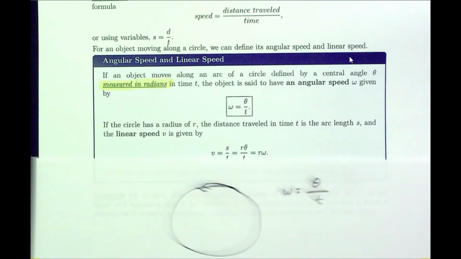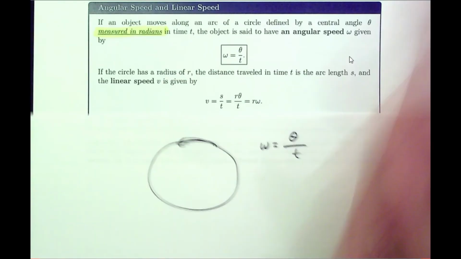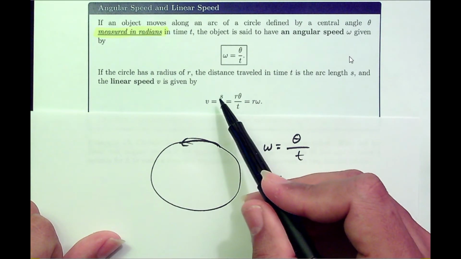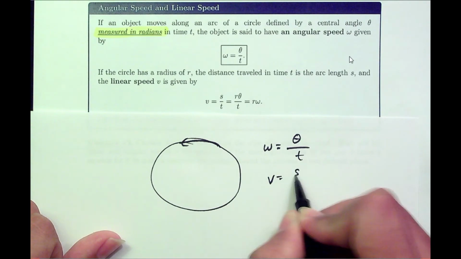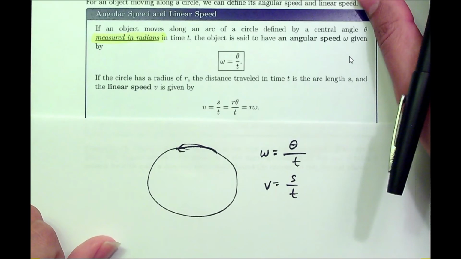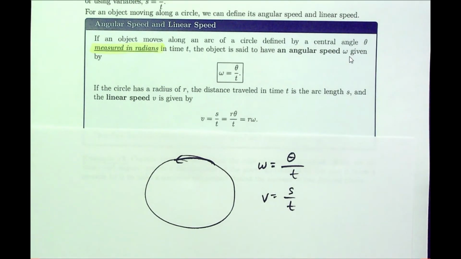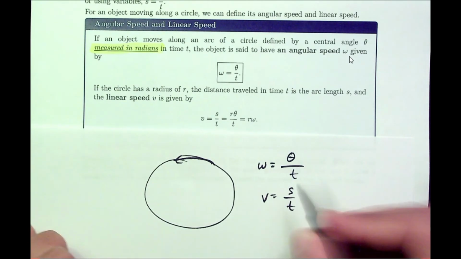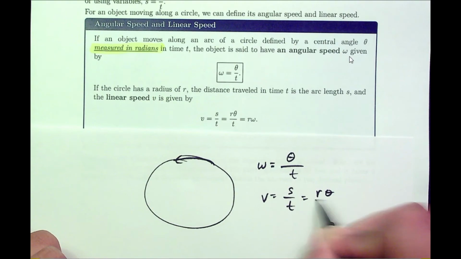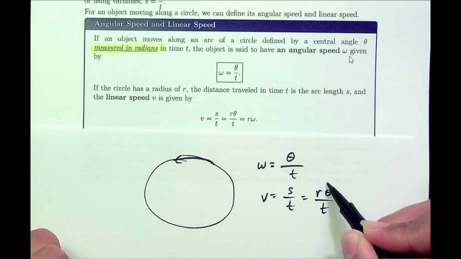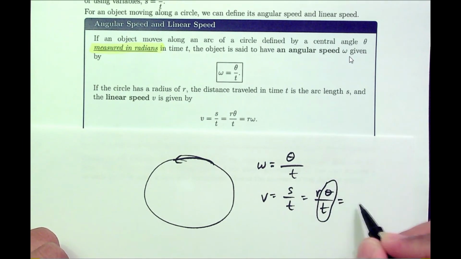Now, for the linear speed, you take the distance traveled, which is the length of the arc, and you divide it by t. But if you remember the formula for arc length, when you have it in terms of radians, the arc length is r theta, so the linear speed is r theta over t. And this part right here is the same as w, or omega.